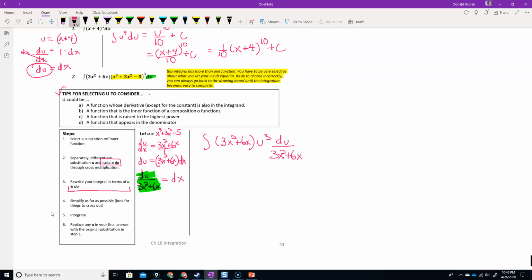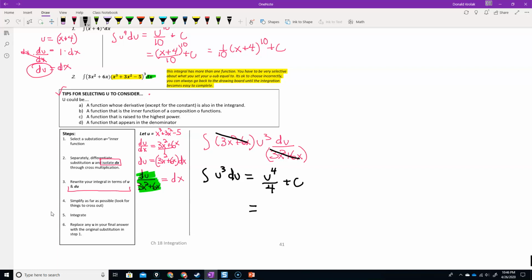What that accomplishes is that it lets me get rid of the x's because these now cancel out. Now this just becomes the integral of u cubed du, which we know is u to the fourth over 4 plus some constant.